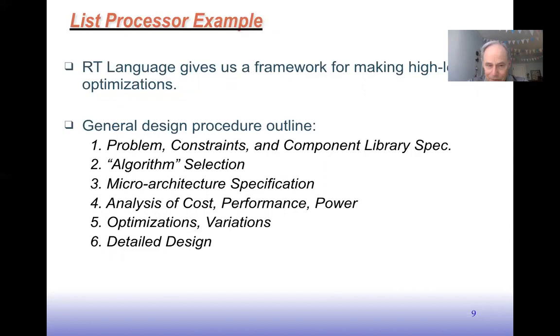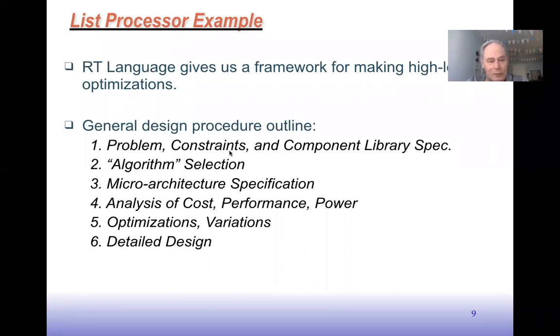So the general design procedure we're going to follow here is you start out with some problem specification, some constraints on its implementation in terms of how expensive it can be in terms of number of components or number of transistors or number of logic gates or something like that, some measure of cost, a constraint on how much power it can consume or energy per operation it can consume, and then some constraint on its performance.